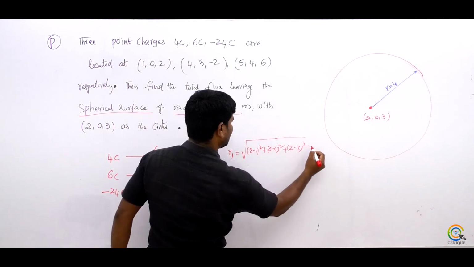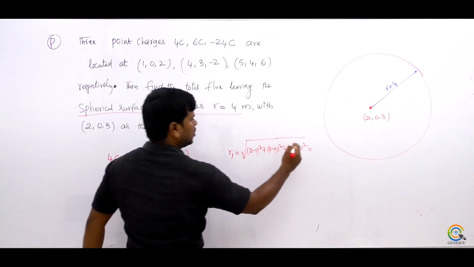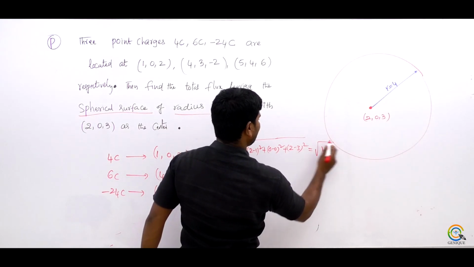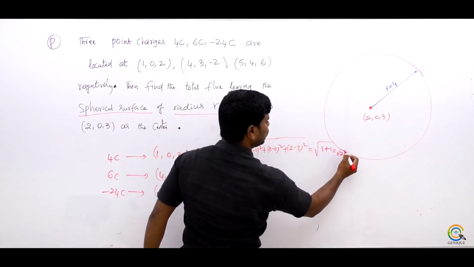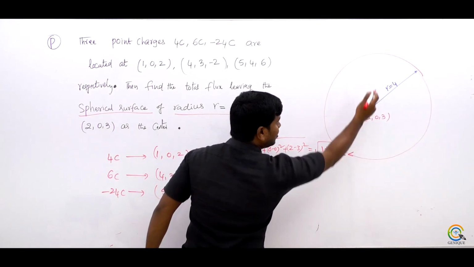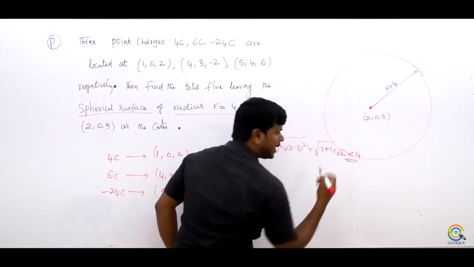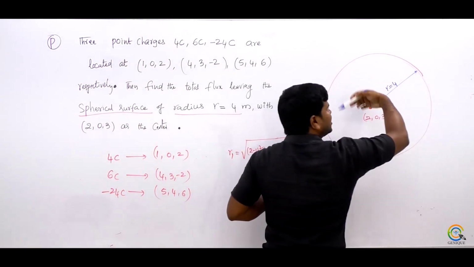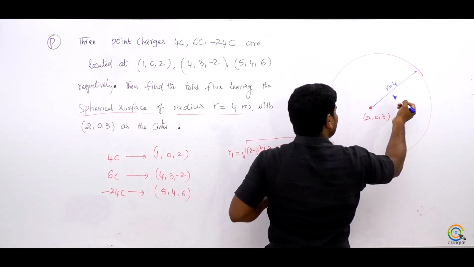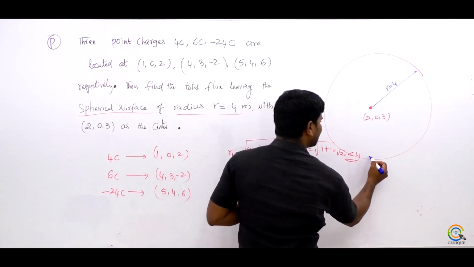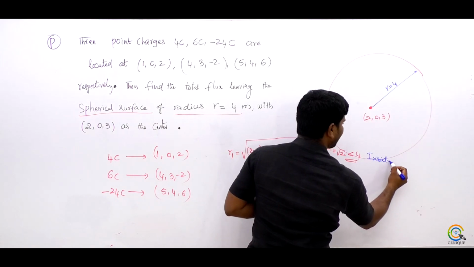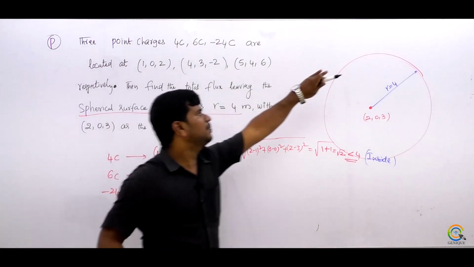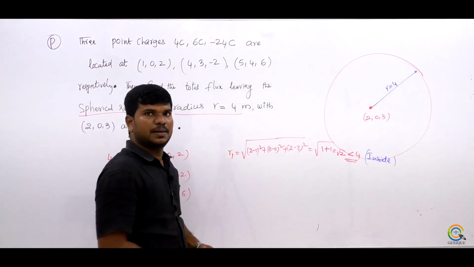This is root over 1 square plus 1 square, which is root 2. Root 2 is less than the given 4, so this point is inside the sphere.